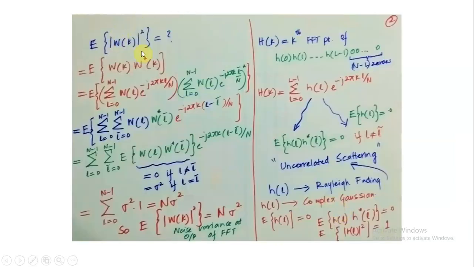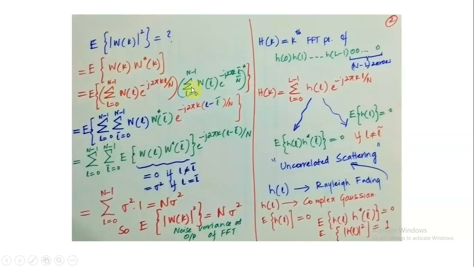Now we try to find out the variance of wk, which is the noise samples in the frequency domain. So the expected value of wk absolute value square is given by the expected value of wk into w conjugate of k. So this is wk, this is w conjugate k, in which we have changed l to l dash just to differentiate between the subcarriers, and here also we have changed from l to l dash and put a conjugate here.